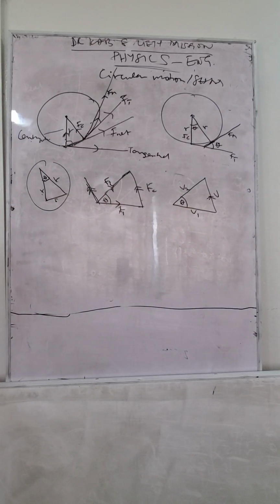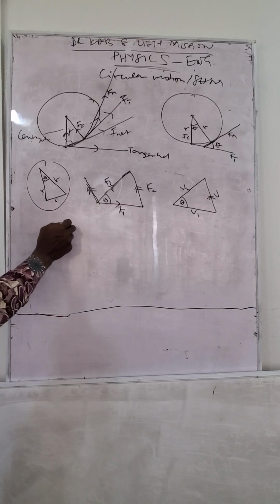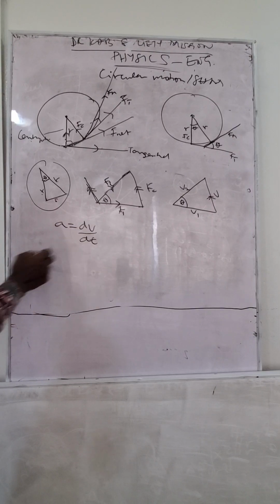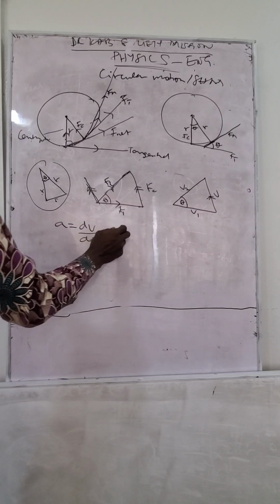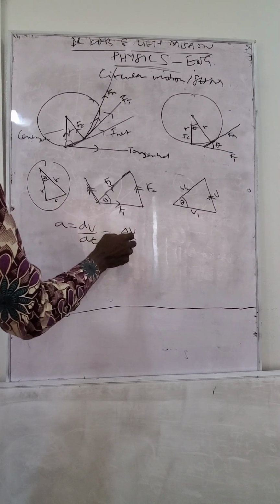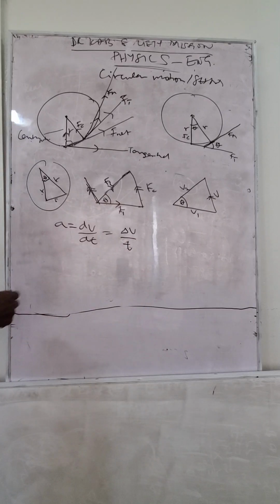Then we can make an equation to relate the two. But before we go, let's do something small here. Acceleration is equal to change in v over change in t.